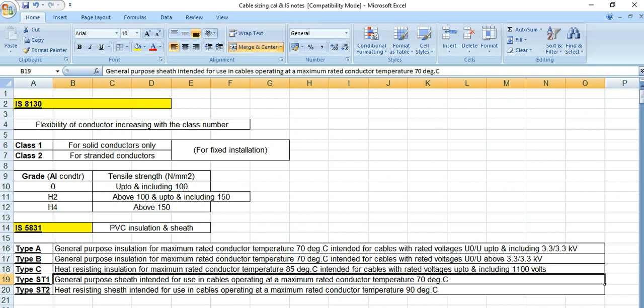Type ST1 is the general purpose sheath with a temperature limit of 70 degrees centigrade, and type ST2 is the heat resisting sheath, which can withstand up to 90 degrees centigrade. So this is about the cable conductor and also the PVC insulation and sheath material of the cable.